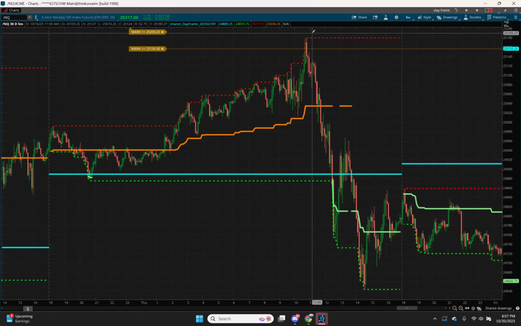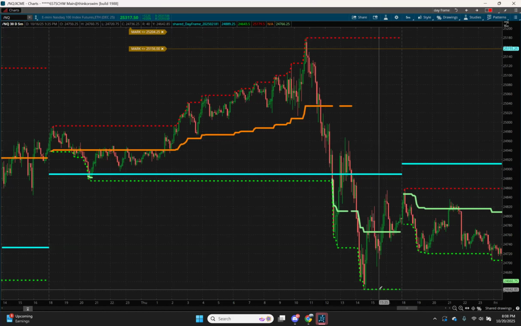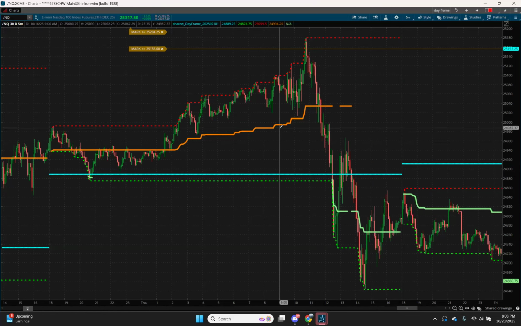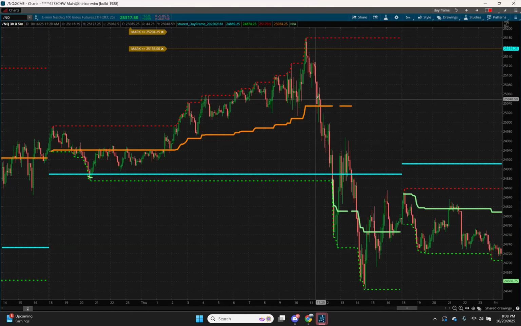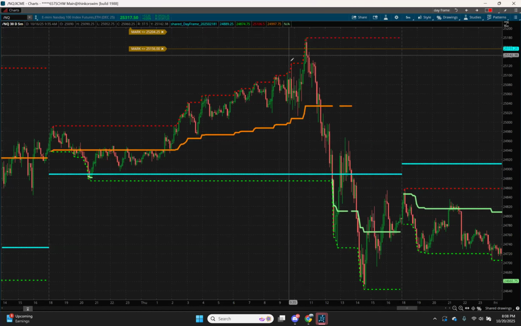Now, another thing you'll see on this study is this dashed red line as well as this dashed green line. All those are doing is marking the high and low of the day. So as this dashed red line goes up, new highs are made and the upper mid trails. I'm explaining how I've created this study so you guys can fully understand.